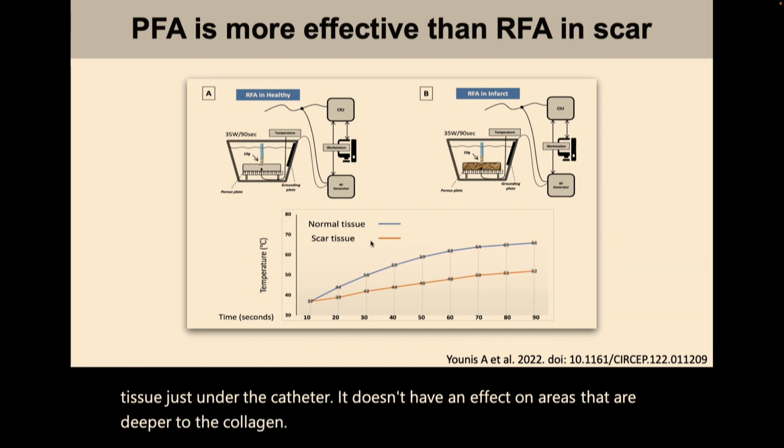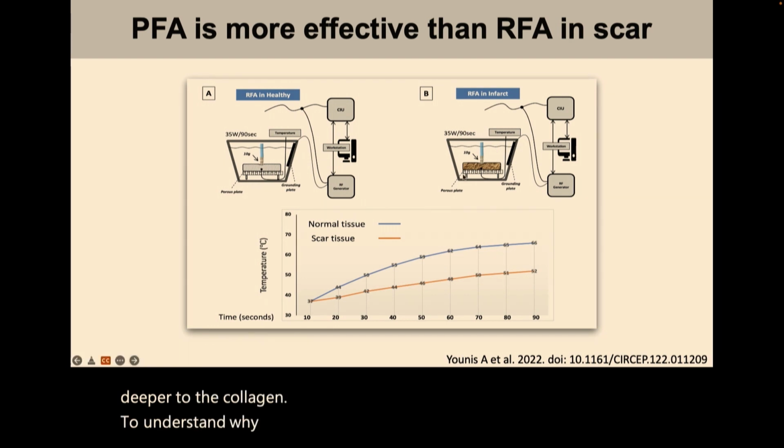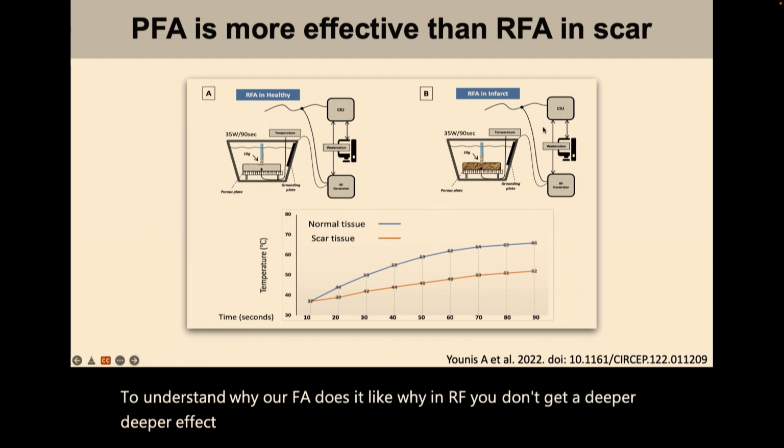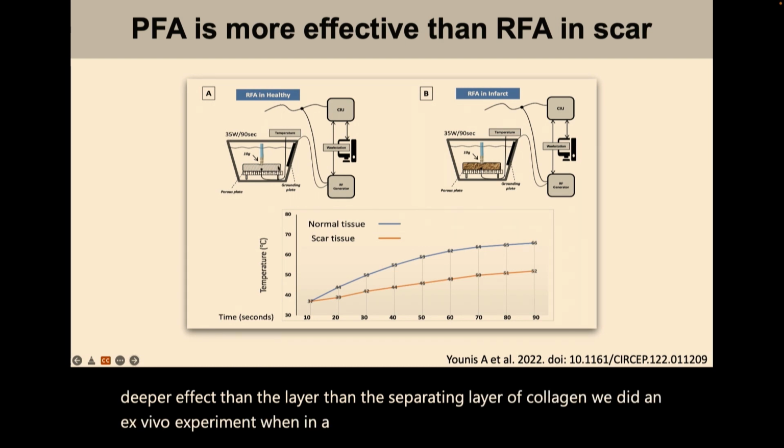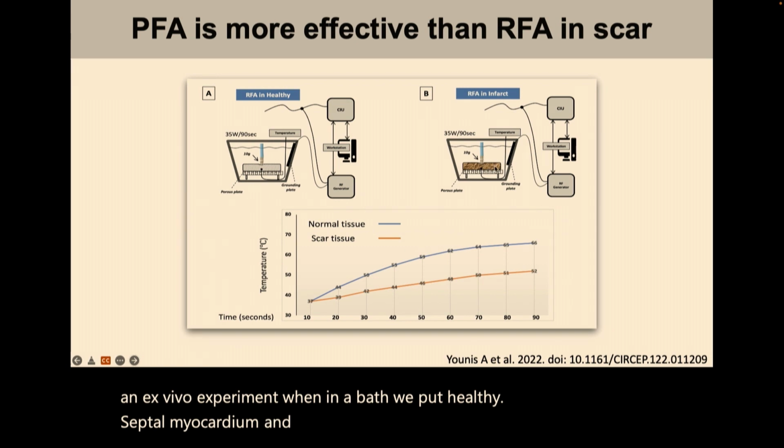To understand why in RFA you don't get a deeper effect than the separating layer of collagen, we did an ex vivo experiment where in a bath we put healthy septal myocardium and scarred or border zone myocardium, and we had thermocouples in the tissue.